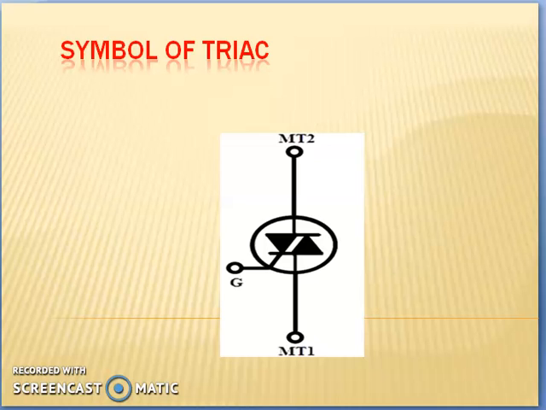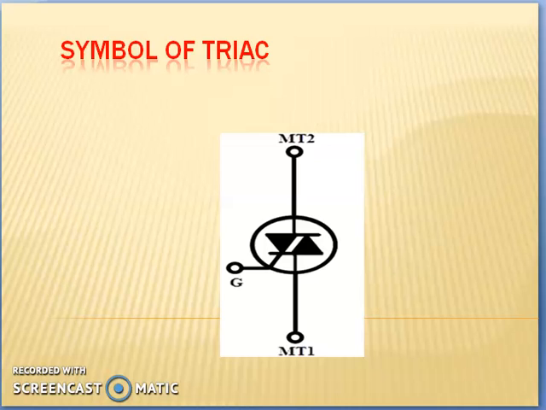This triac is mostly used in the field of power electronics for control purposes because of its characteristic that it conducts in both directions, that is, it is a bidirectional device. Generally, the ratings available in the market are triacs of 16 ampere current, and they can withstand up to 1000 volts.